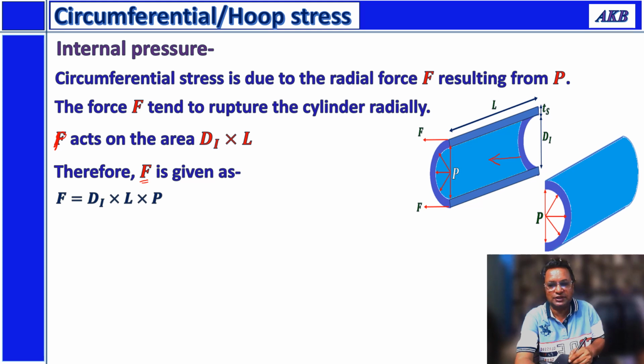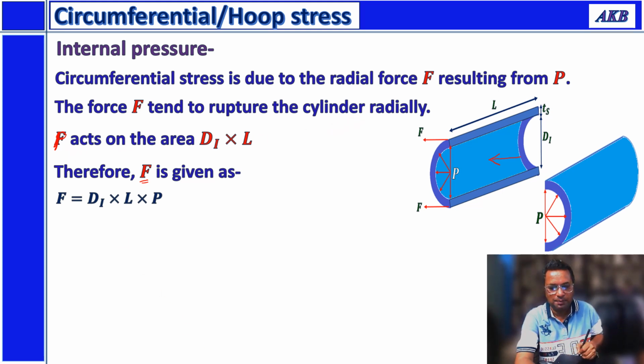Let me tell you once again. We are talking about circumferential stress or hoop stress. Circumferential stress comes into picture due to radial force F, that is resulting from P, the internal pressure. The force F may rupture the cylinder radially. Now how force F comes into picture, let us understand.